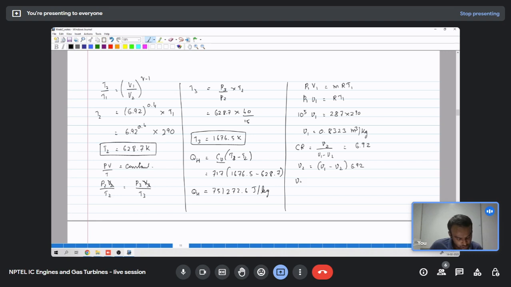Now we can calculate V2 as 7.92 V2 is equal to 6.92 V1.